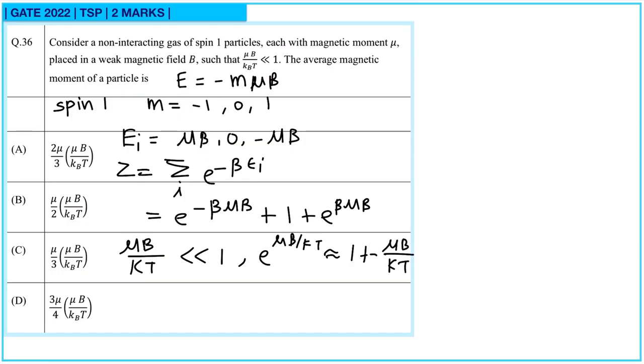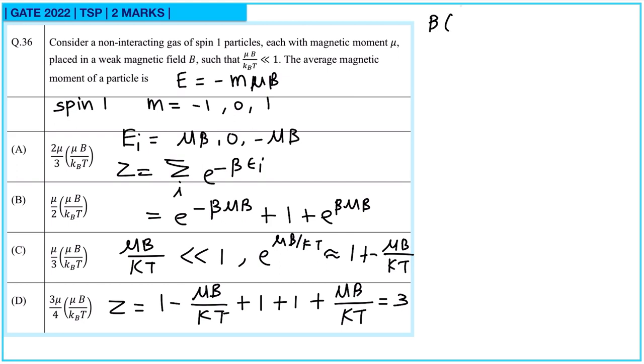So Z is equal to 1 minus μB by kT plus 1 plus 1 plus μB by kT. So this will cancel out. So Z is equal to 3. Now probability of getting that energy is equal to e raised to minus β Ei upon Z. So that is simply upon 3.